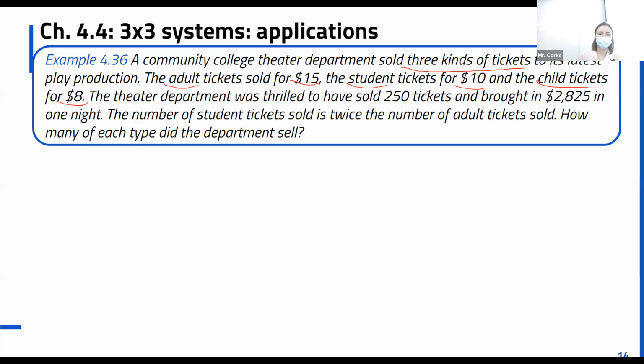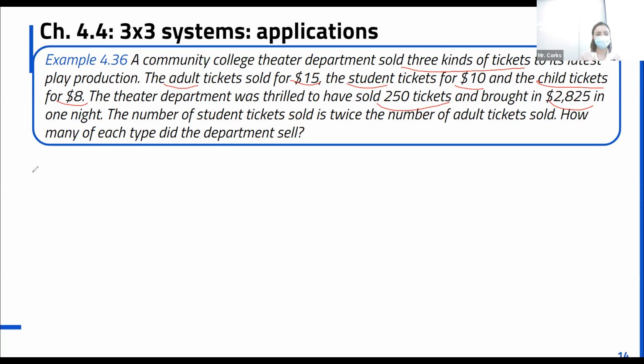The theater sold 250 tickets, and all these tickets cost $2,825. And the task is the same. We need to find the number of each type of ticket.